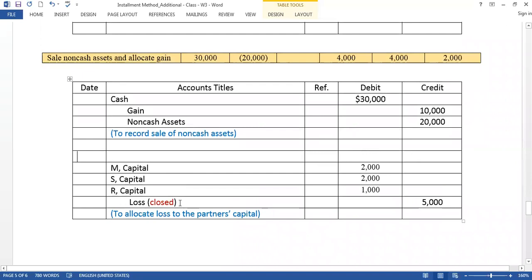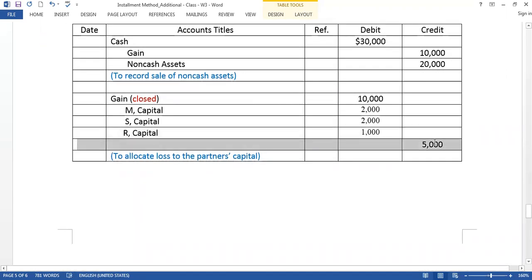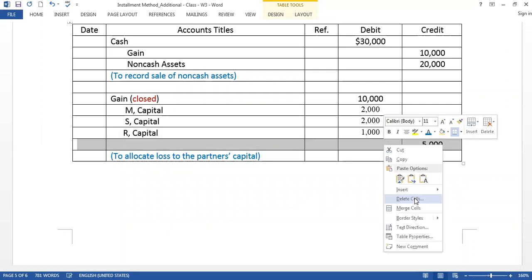Now we are going to close our gain. $10,000 we are going to record on the debit side. So gain closed, right? And where is the gain transferred? Gain is transferred to the capital.